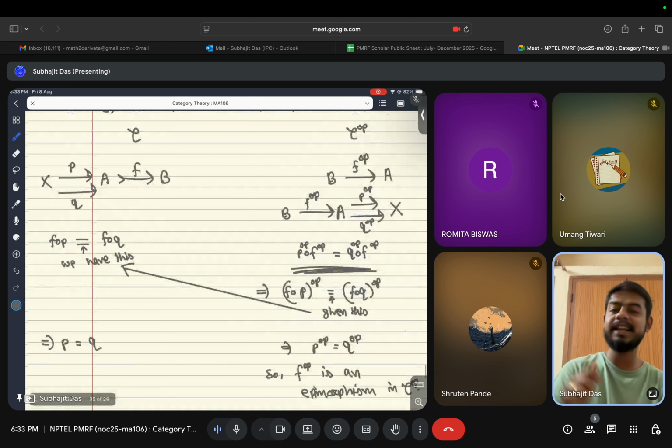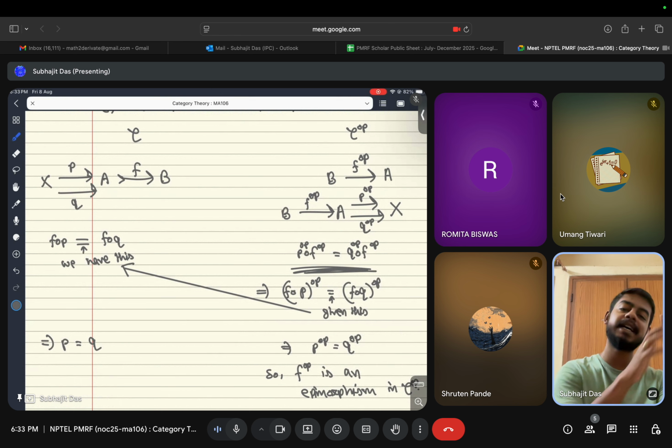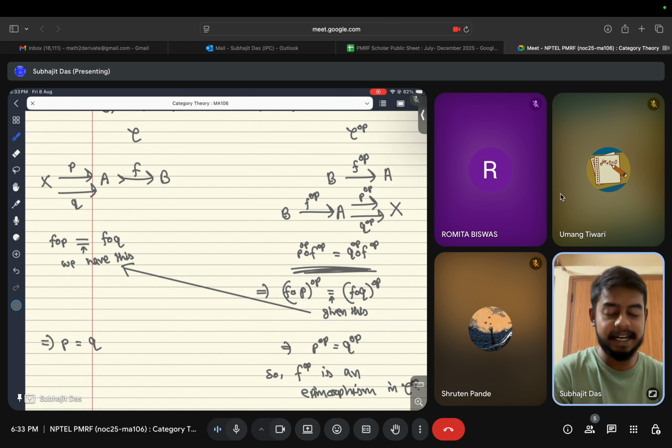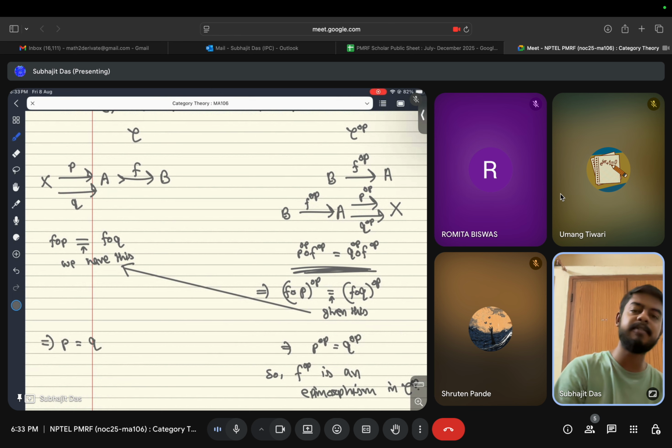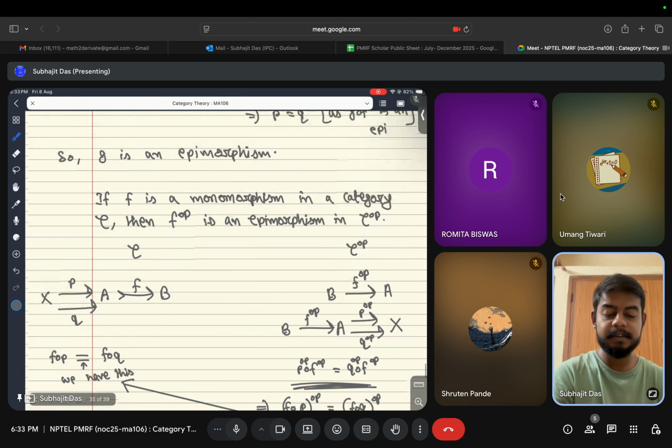That means whenever F is a monomorphism in C, F op is an epimorphism in C op. And since duality is an involution, by which I mean that if C is a category, if you take C op and then again take op, C op op is just C. So what you get is the result that if F is an epimorphism in C, then F op must be a monomorphism in C op. So what this essentially means is that epimorphisms and monomorphisms are dual notions of each other, right?